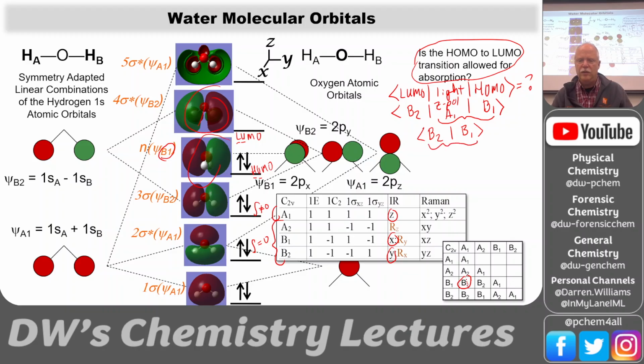B2 times B1 is A2. And you might see that A and get excited, but it's A2. It's not A1. So that's not top row. It's A, but it's not top row. So it's equal to 0, forbidden by symmetry.